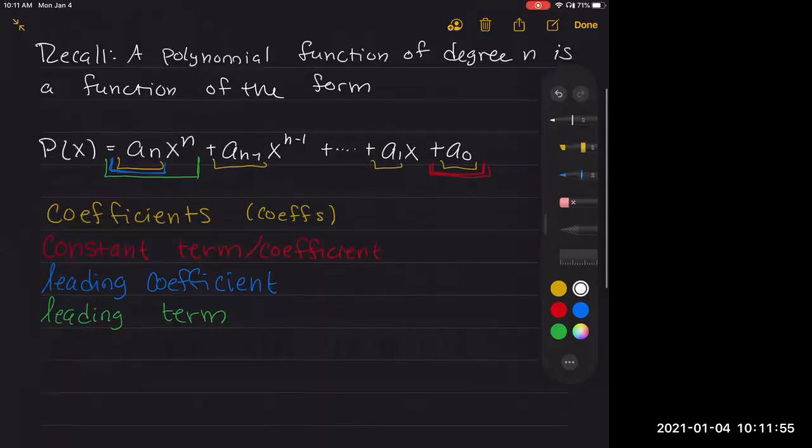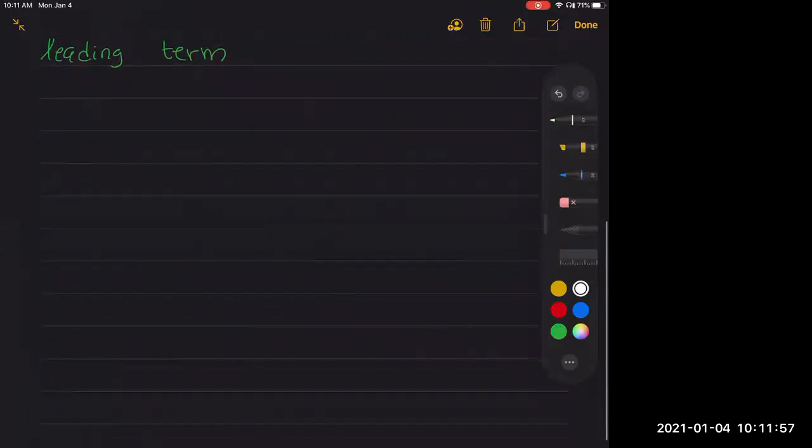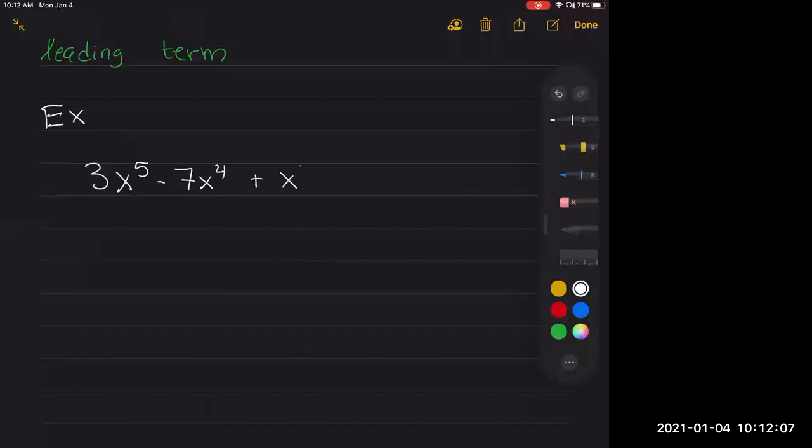All right. And then if we move forward, we can have an example. So if we have 3x to the 5th minus 7x to the 4th plus x squared plus 4x minus 2. So first thing to notice, this is a degree 5 polynomial.